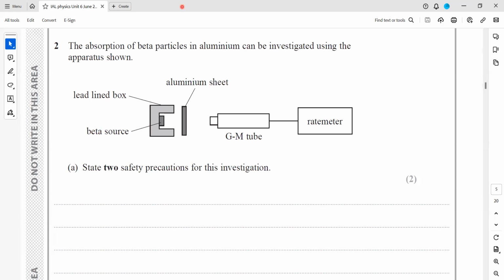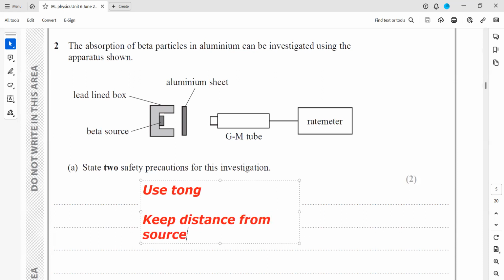So whenever you are handling a radioactive source, use tongs, keep a safe distance, and use it for a short time. Only two are enough.